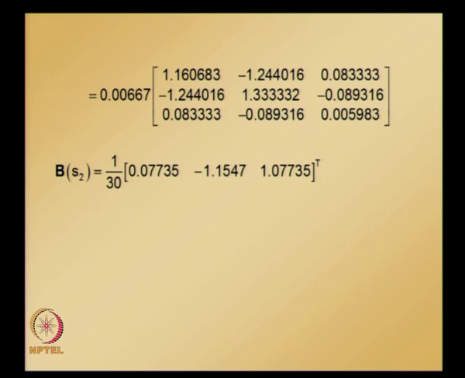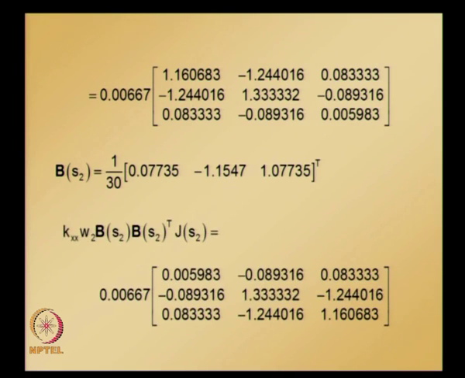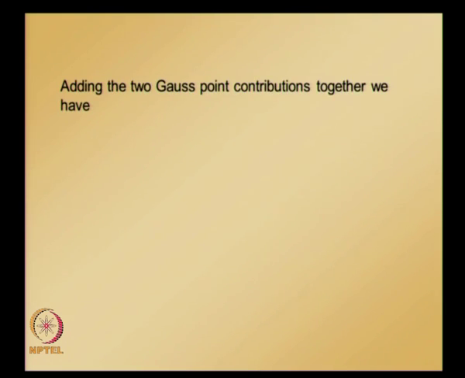Then the shape function derivatives at the second integration point, the integrand value multiplied by weight at the second integration point, and simplification of this gives the result.